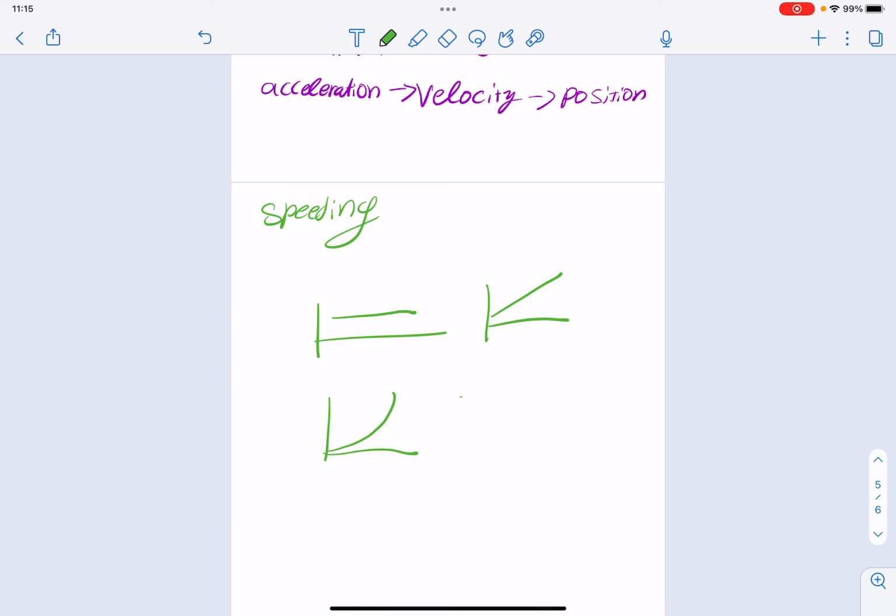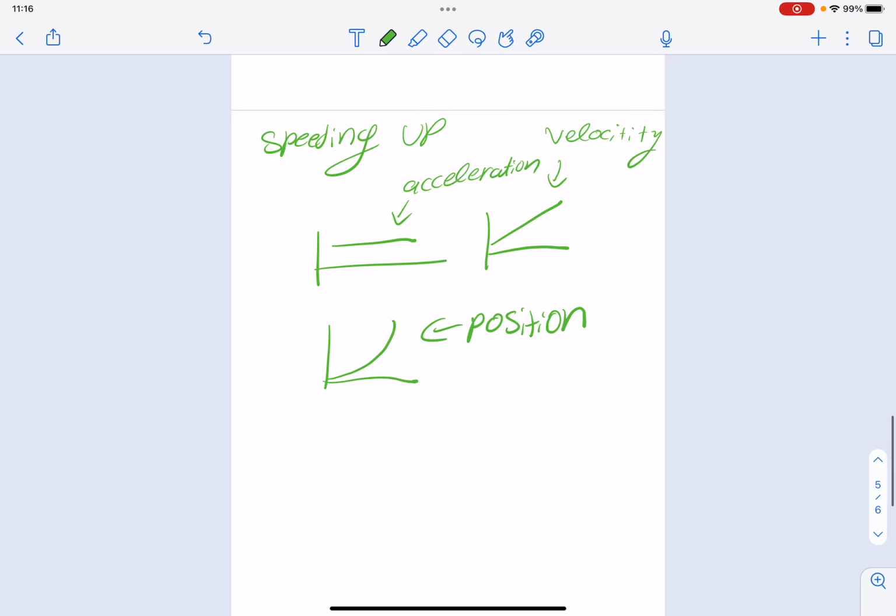So a position graph for something speeding up would be exponential, but the velocity would be increasing constantly, and the acceleration would be a straight line because it would be a constant acceleration. So we have something speeding up, and a position graph, velocity graph, and acceleration graph. Position would be exponential, velocity would be increasing, and acceleration would be constant.